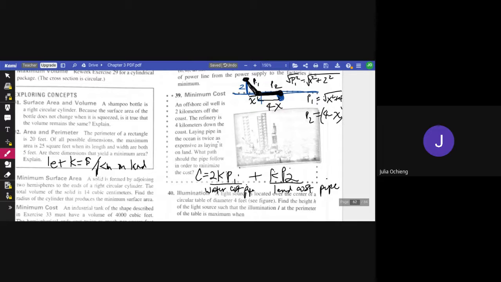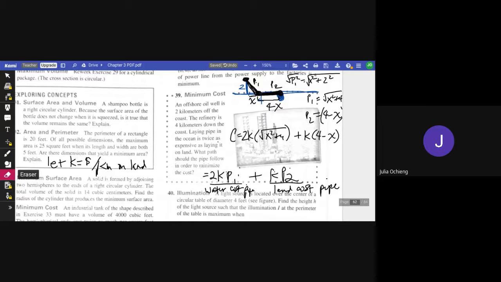So my total cost is going to be 2K times P1, which is the square root of X squared plus 4, plus K times P2, which is 4 minus X. So this is now my cost function in terms of only one variable. Remember, the K does not count as a variable. It's just a number that we don't know yet. X is my variable. That's what's going to vary.